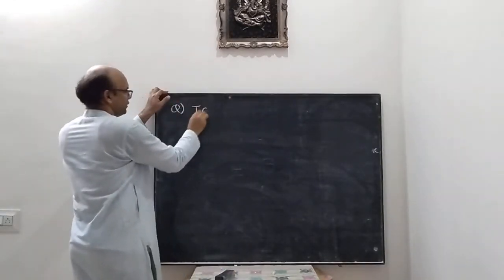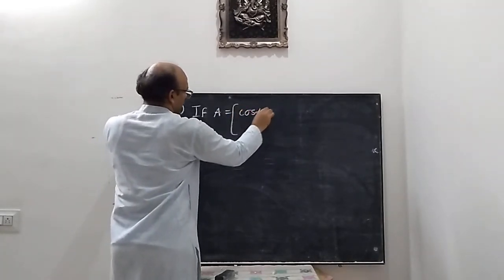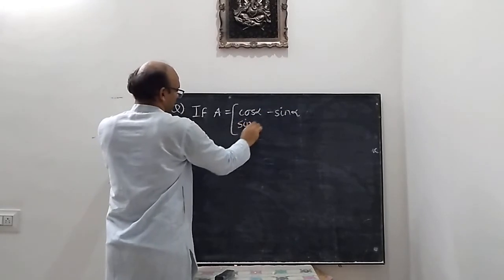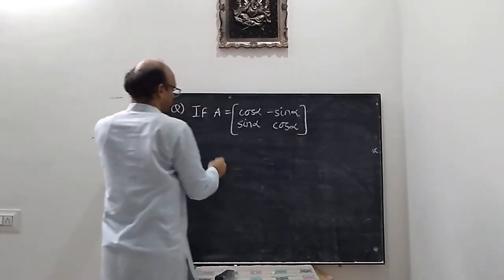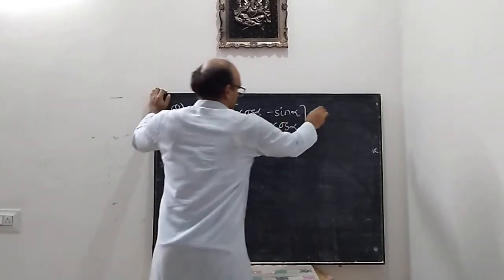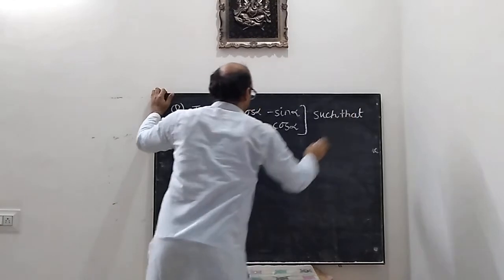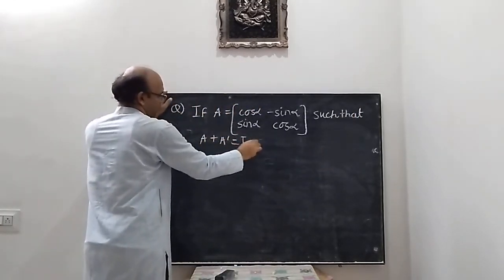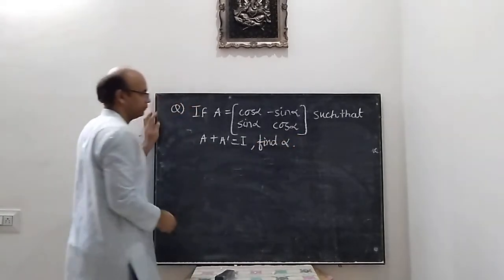The next question is: A is equal to the matrix cos alpha, minus sin alpha, sin alpha, cos alpha, such that A plus A transpose equal to I, then find alpha.